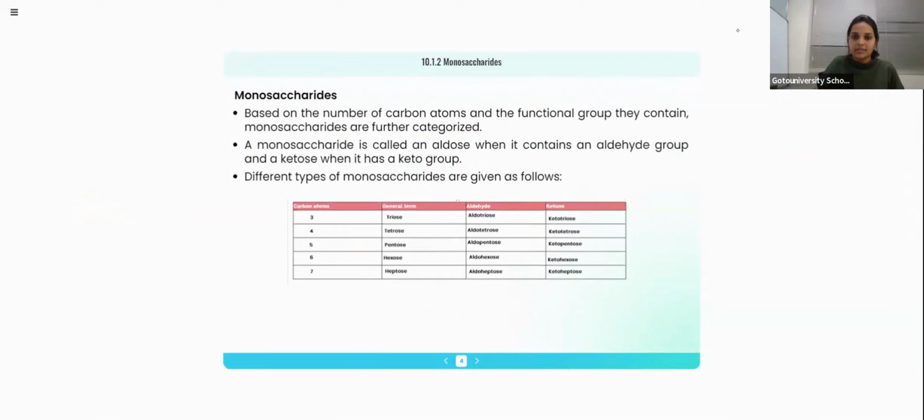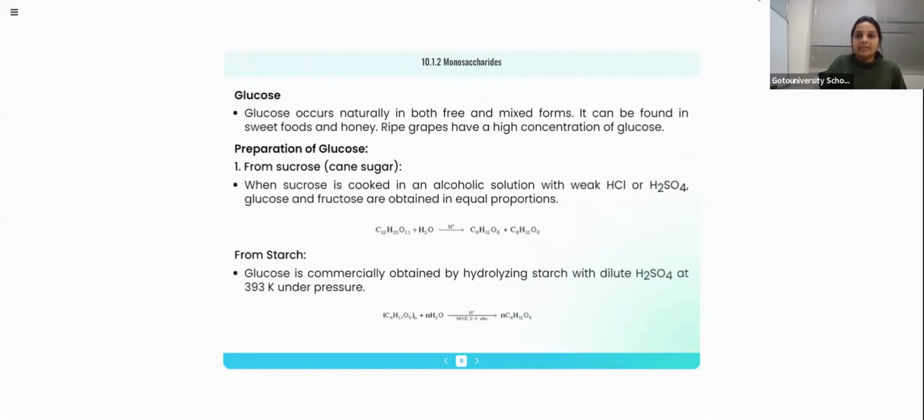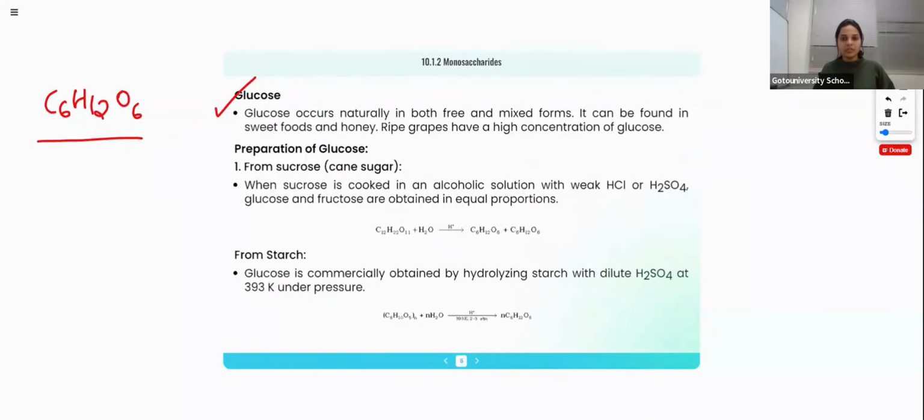That's all. Now one important monosaccharide is glucose, right? Glucose has the formula C6H12O6. Glucose occurs naturally both free and in mixed forms. It can be found in sweet foods and honey.